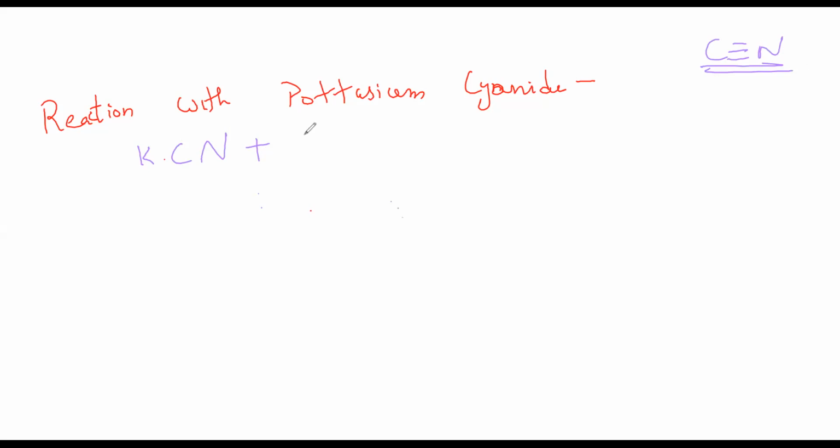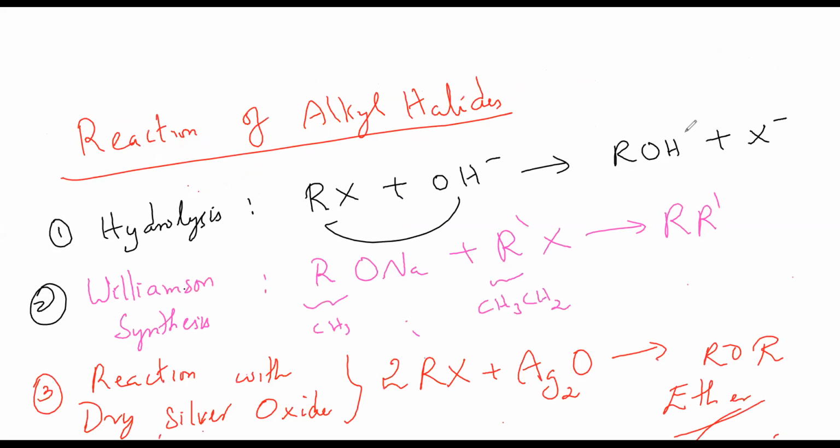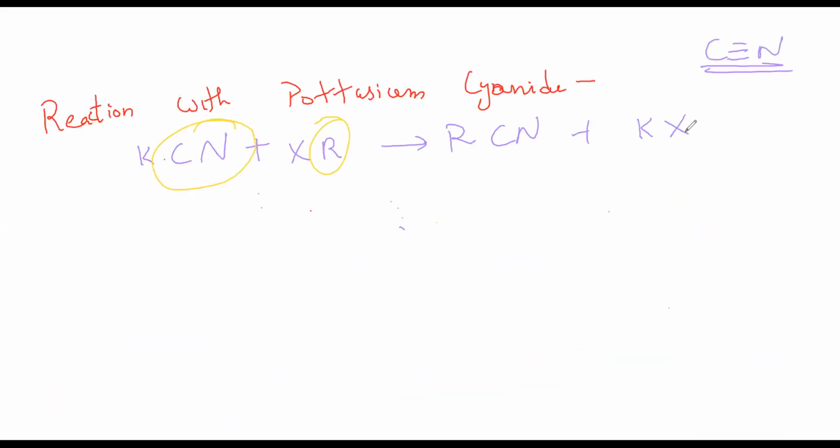KCN plus XR will give me what? This R will get attached with CN. So I'll get RCN plus KX. That's the important thing here. That's my fourth reaction.